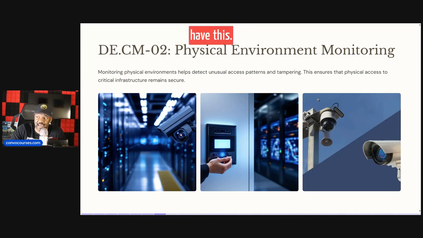Another part of CM, of DE, Detect, is DE.CM-02, which is physical environment monitoring. And this is just what it sounds like. We're monitoring anybody coming in and out of our facility, especially if it happens to be a protected or restricted area where we have our main data, our protected data, racks of servers, or whatever we have.